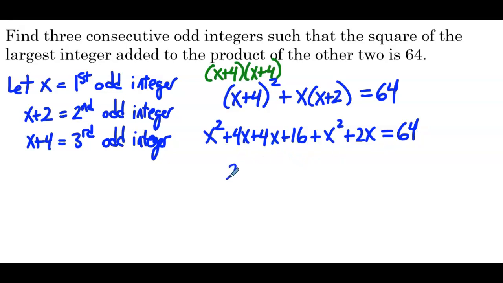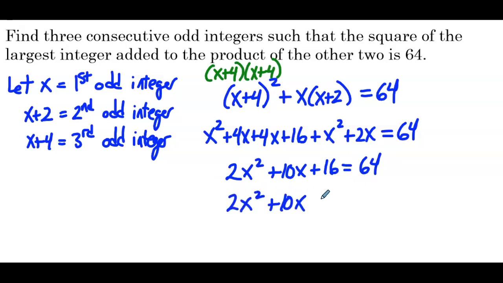Combining our like terms, we have 2x squared plus 10x plus 16 equals 64. Now we have a quadratic, so it needs to be equal to 0. So 2x squared plus 10x, and then we have 16 minus 64, so negative 48 equals 0.